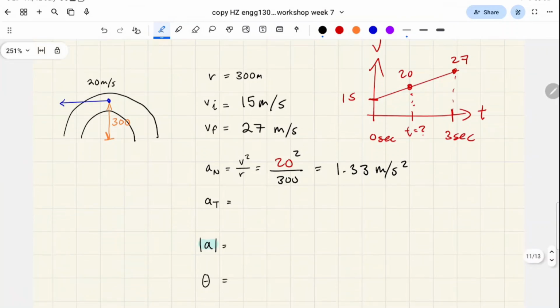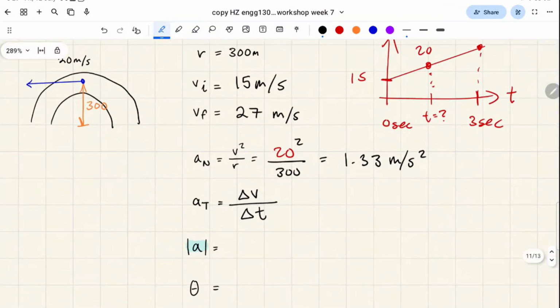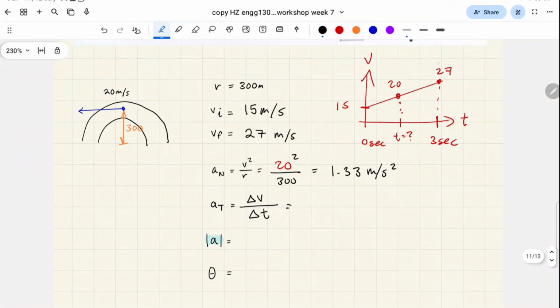And then for our tangential component, remember, if we're talking about a linear acceleration, it's change in v over change in t. We need 2 points when we do delta v. So we're going to take these 2 points here, because we don't know this, right? So this would be an unknown amount of time. I mean, we can calculate it, but it's annoying.